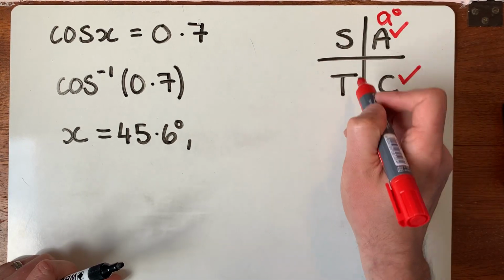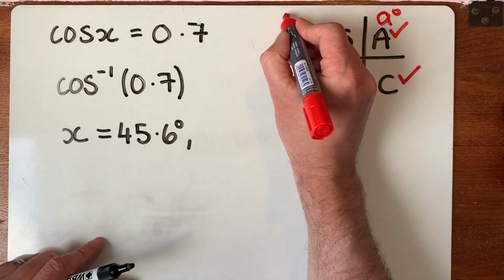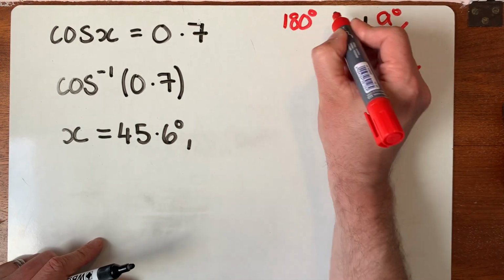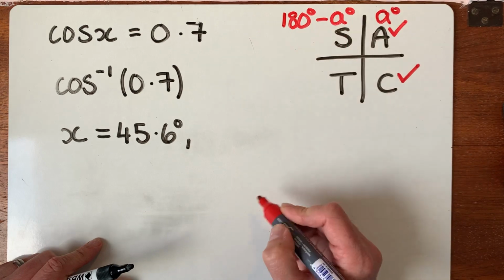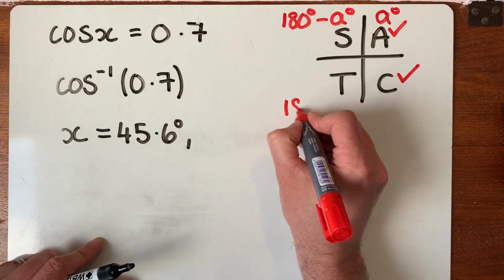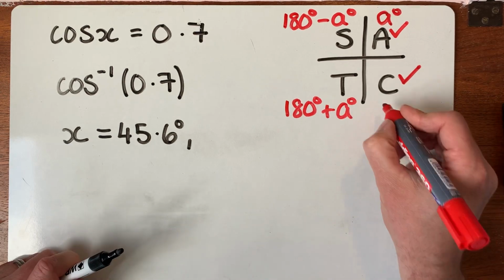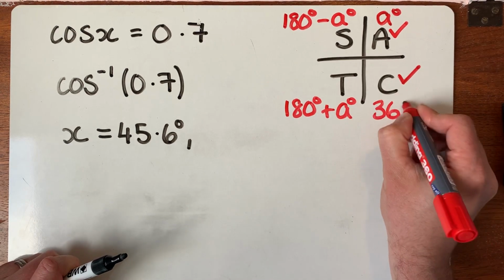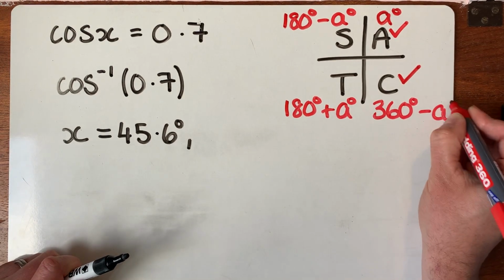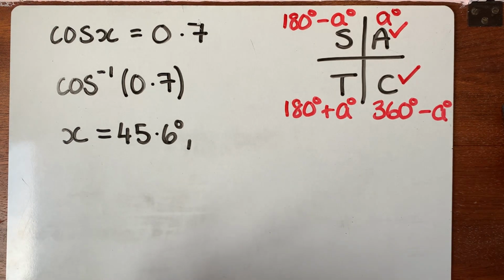I'm going to go through all the quadrants again just as a quick refresher. In this quadrant, if I had it ticked, I would take the answer that I've got already away from 180. This quadrant, I would add it onto 180. But the quadrant I've got ticked this time, the fourth quadrant, to get the other answer, I take the solution away from 360 degrees.